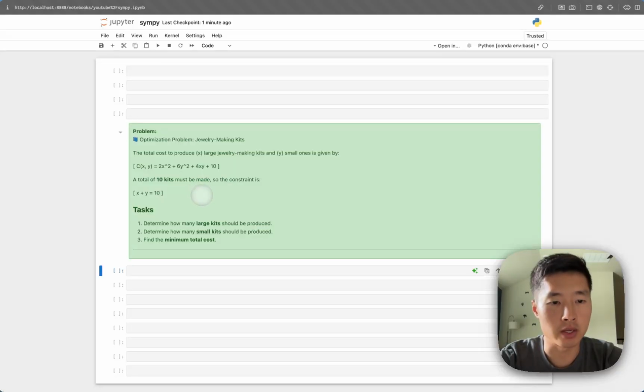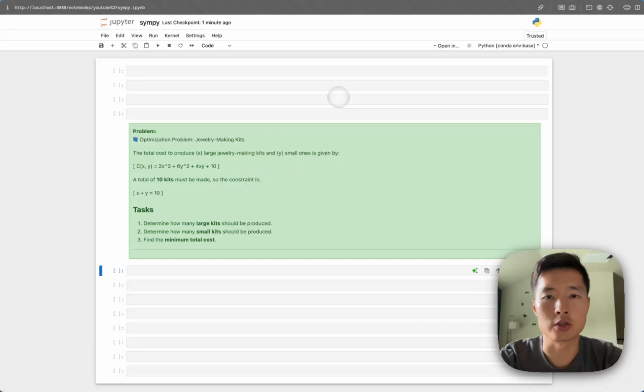And since a total of 10 kits must be made, the constraint is x plus y is equal to 10. So we're tasked with determining how many large kits should be produced, how many small kits should be produced, and finding the minimum total cost. Like we mentioned in the problem, x represents the large jewelry making kits and y the small kits.